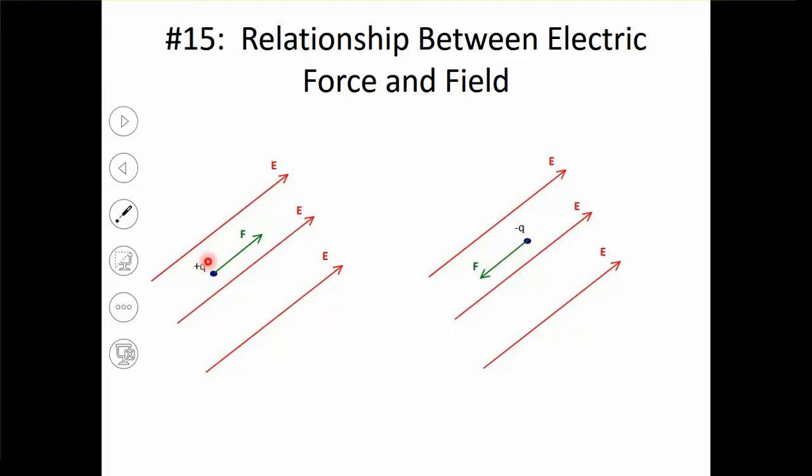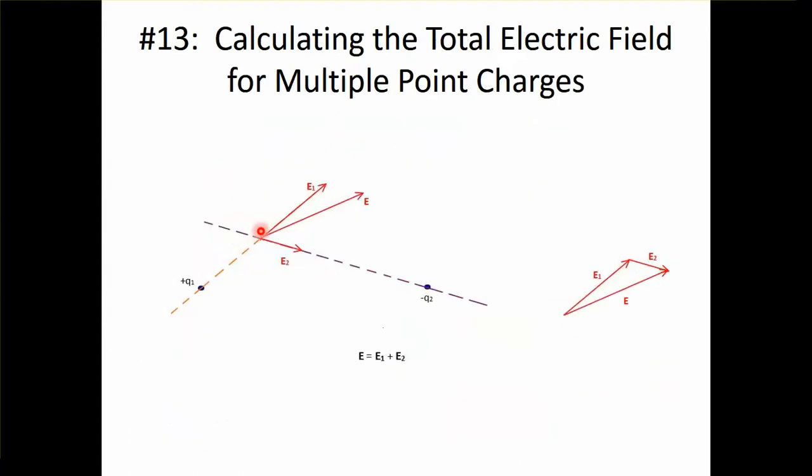For instance, in the flip video, we found the total field at a certain point in space from two charges. Then you put a third charge at that point, and the force on that third charge is the field from these two charges times the charge. We did that in the flip video, right? So that's the point.